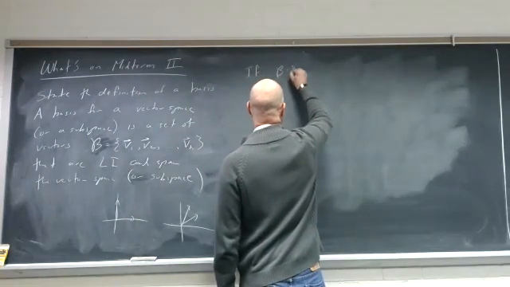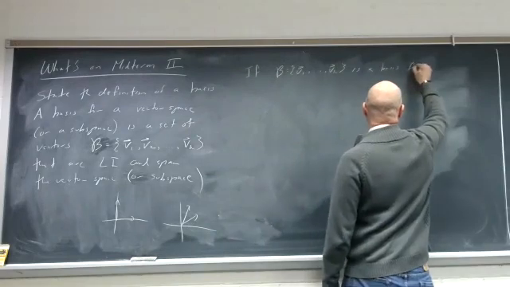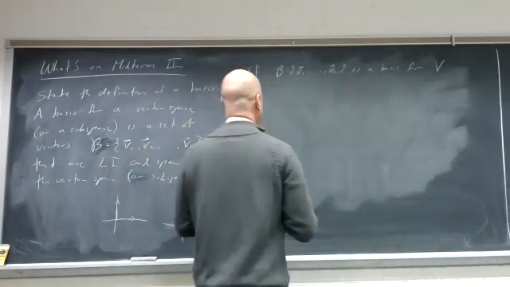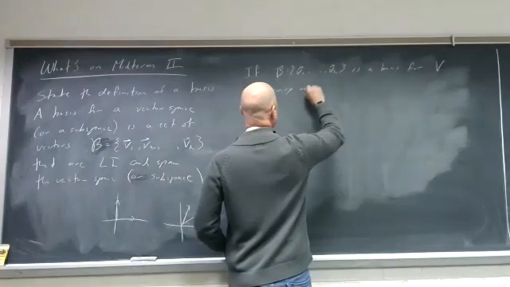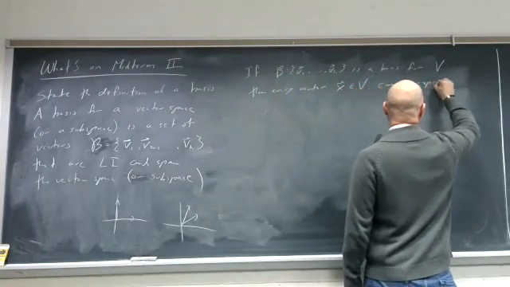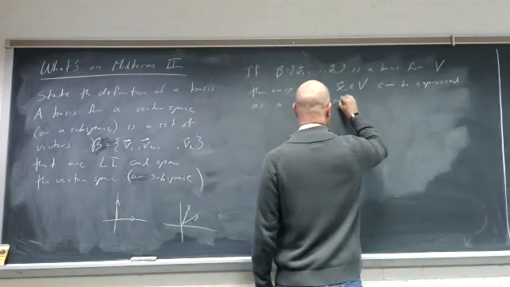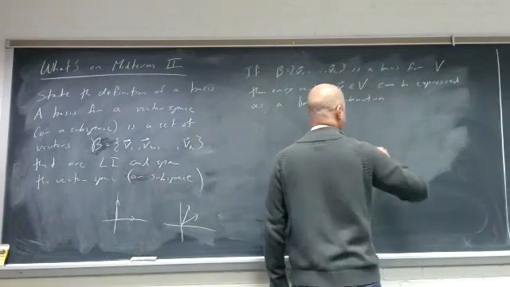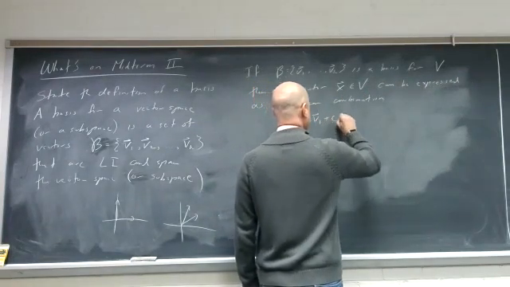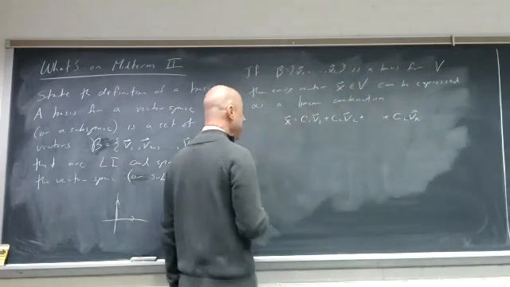If v1 through vk is a basis for vector space V, then every vector x in V can be expressed as a linear combination of the basis vectors in exactly one way.